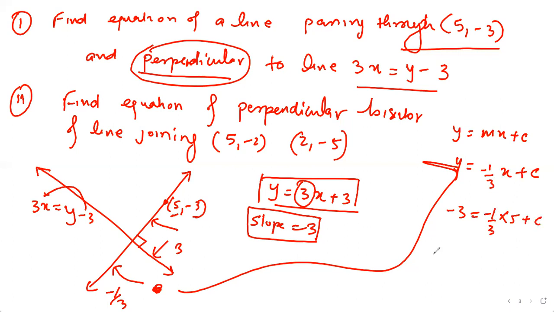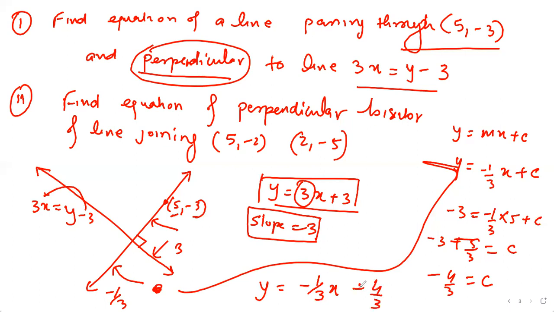This becomes negative 5 over 3. So negative 3 plus 5 over 3 if you bring it to the other side equals c. If you take the LCM, it's negative 9 plus 5 upon 3, which is negative 4 upon 3 equals c. So the final answer for this line is y equals negative 1/3 x minus 4 over 3, because c is negative 4 over 3.